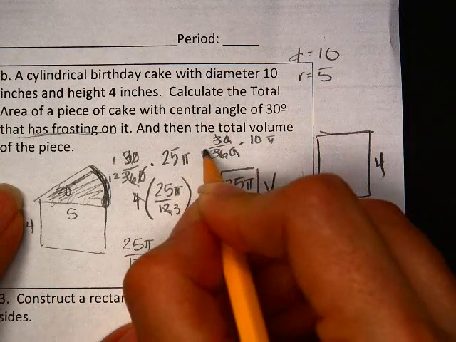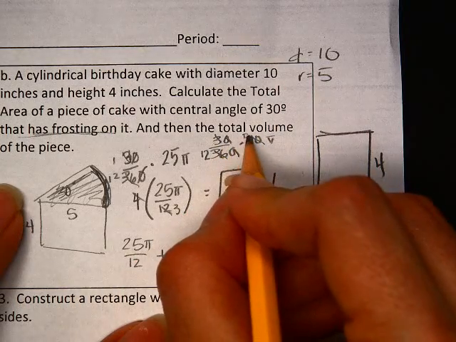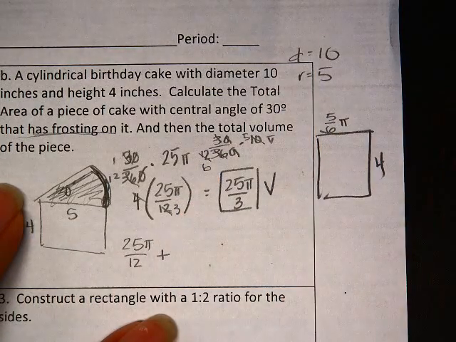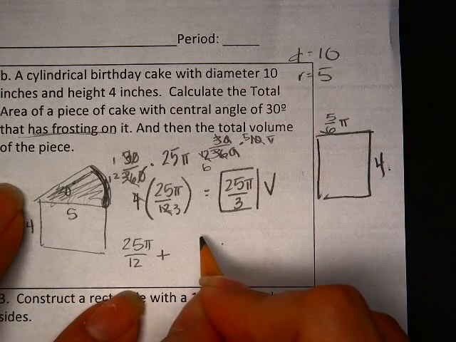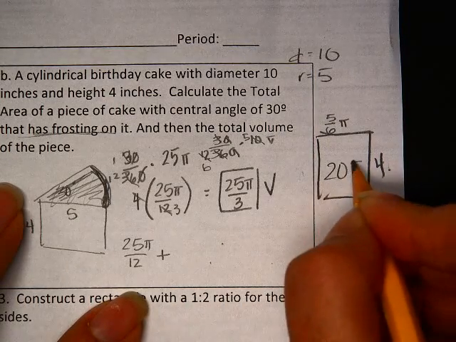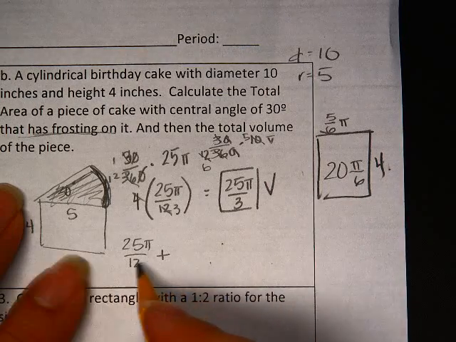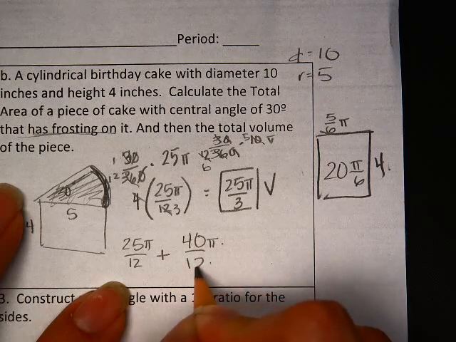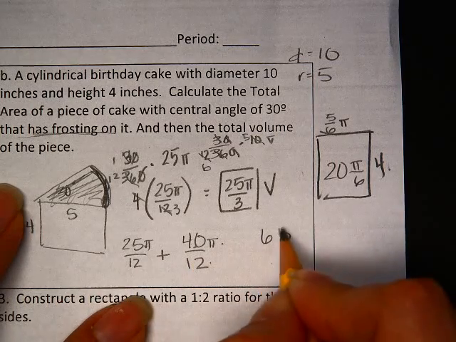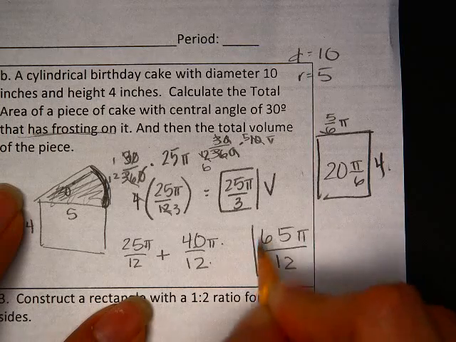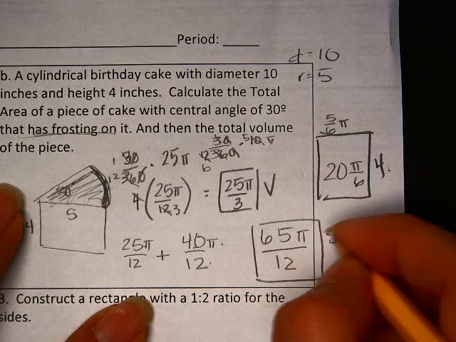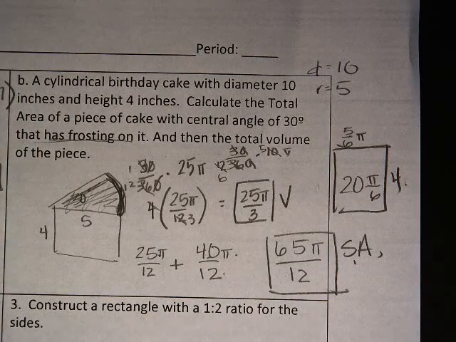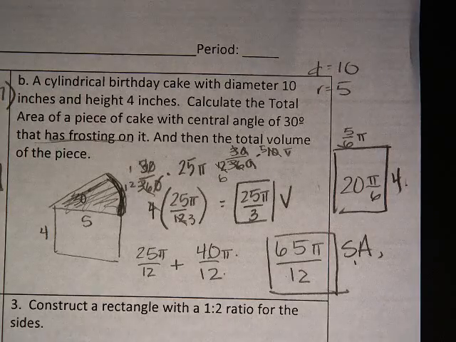Reduce, reduce, reduce. 2 goes into that, and 2 goes into that, which gives you 5 over 6 pi. So when we multiply them, we get 20 pi over 6, which, to get a common denominator, I'm going to go ahead and have 40 pi over 12 and add them together to get our surface area, not total, but just surface area of frosting. So that would be like the FSA for frosting surface area.